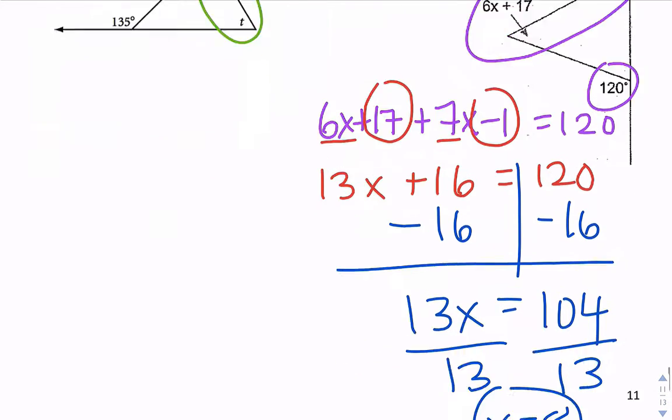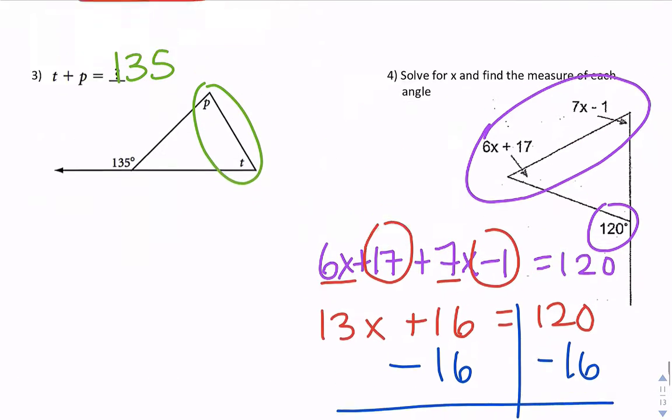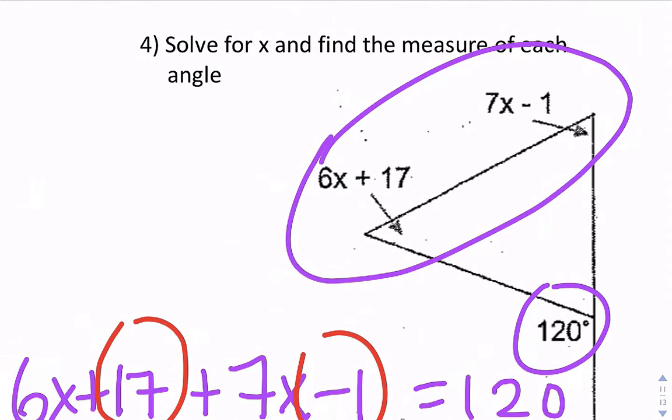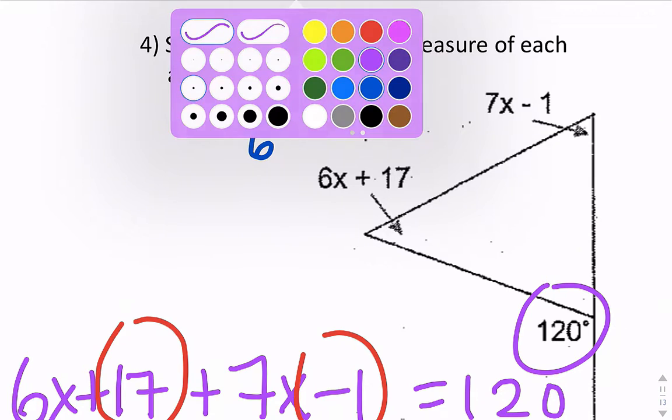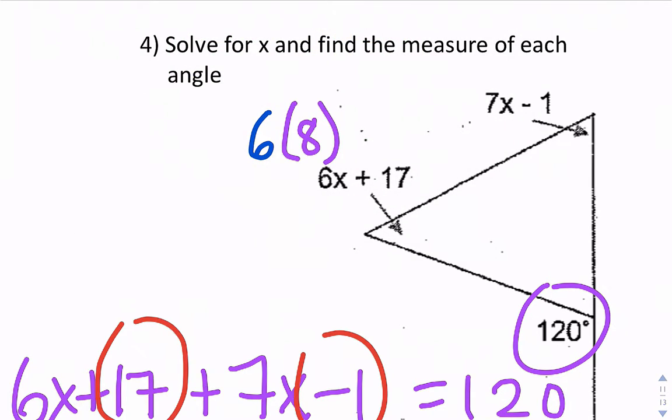Okay, and then go back and read the question, make sure it's what they're asking for. It says solve for x. We did that. And then find the measure of each angle. So now we have to plug back in here. So this one right here would be 6 times 8 plus 17, since x is 8. Okay, so that is 65. So this is 65 degrees.